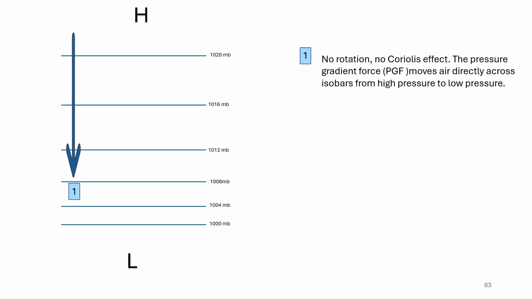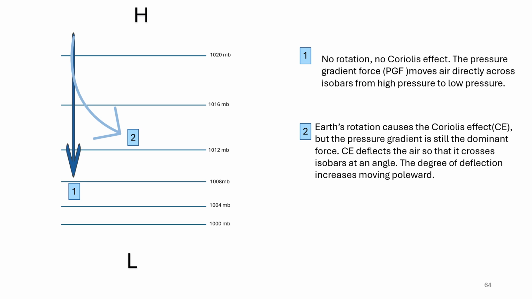So we know that on a non-rotating Earth, there would be no Coriolis effect. Therefore, our wind would flow from high pressure directly to areas of low pressure. It would cross those isobars in a straight line, perpendicular. There's no Coriolis going on here, no bending. It is strictly pressure gradient force.